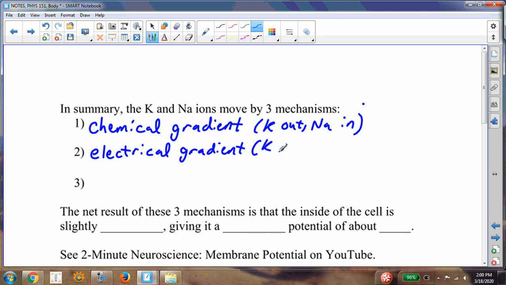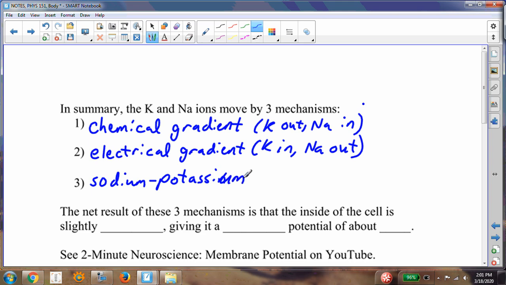That moves potassium ions in and sodium ions out. And then finally, there's the sodium-potassium pump. And your book talks about this. And I'll show you a video that talks about this sodium-potassium pump. If you take probably physiology, I guess, you'll talk about this more. But the sodium-potassium pump moves potassium in to the cell and sodium out.